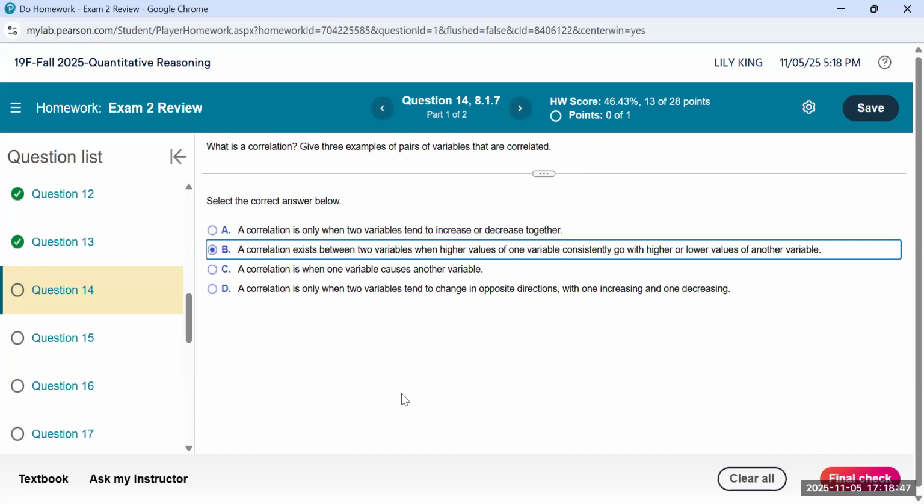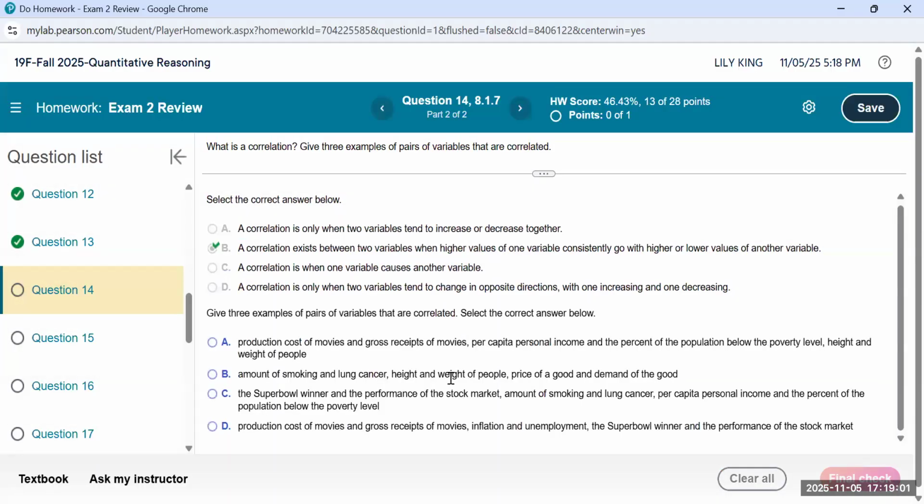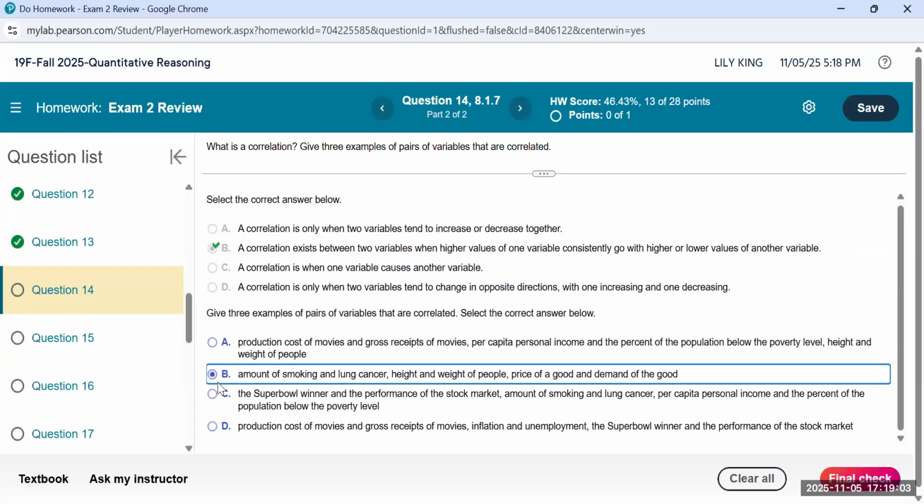D is also not right because it only defined negative correlation and did not define positive correlation. So that makes B the correct answer choice. And the examples we have here, the amount of smoking and lung cancer, height and weight of people, price of a good and demand of the good are examples or pairs of variables that are correlated.